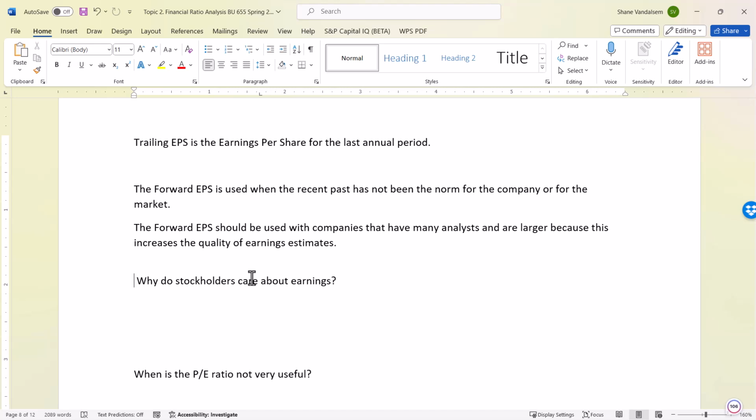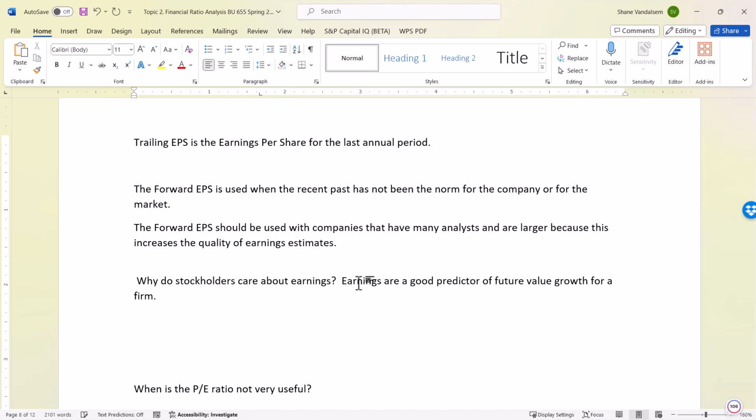So why do stockholders care about earnings? Earnings are a good predictor of future value growth for a firm. When is the PE ratio not very useful?